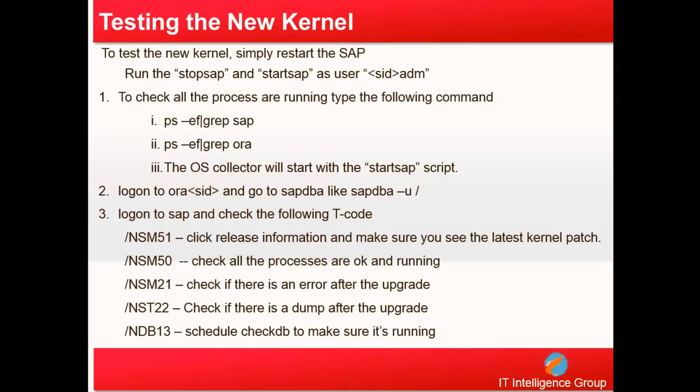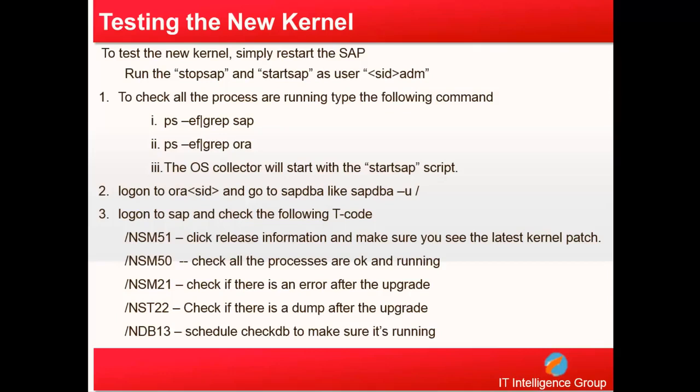Next, we need to validate whether the kernel that we have upgraded, or the patch we have applied, is in working condition. To do that, we need to run stop SAP, then start SAP as user cdadm, and to make sure that SAP has started properly, search for the processes, SAP or ora, to make sure it is up and running.